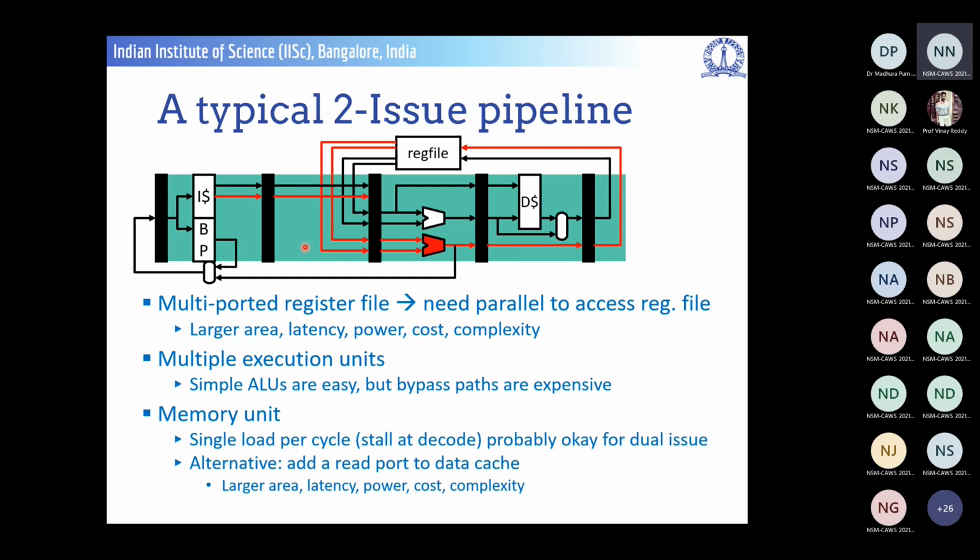And since there are two instructions that can be at the write back stage at the same time, you also need to write 2 register values in a given cycle to the register file.